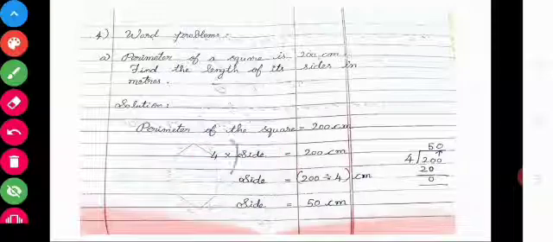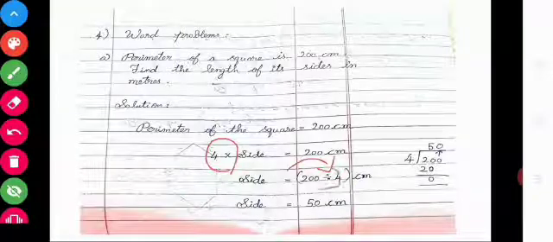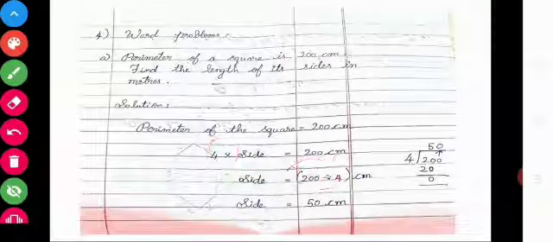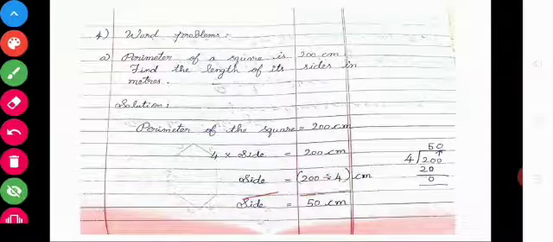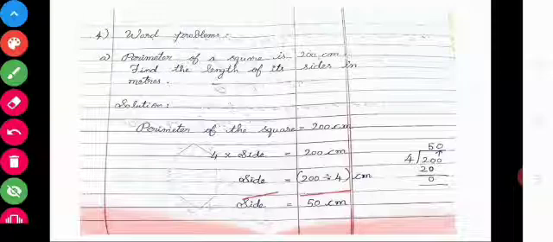This 4, when it moves across the equal sign, that sign will be changed to the opposite sign. This multiply will change into division. So side is equal to 200 divided by 4 centimeter. Look at the division.